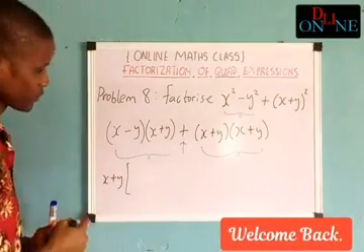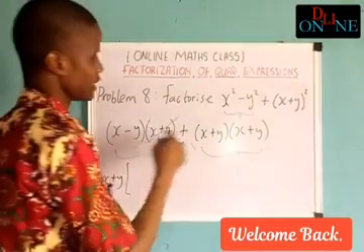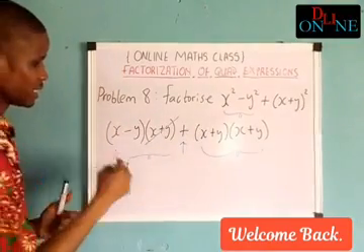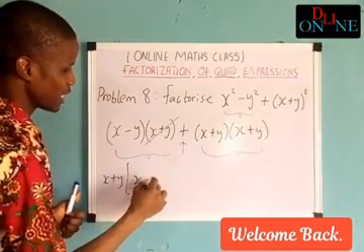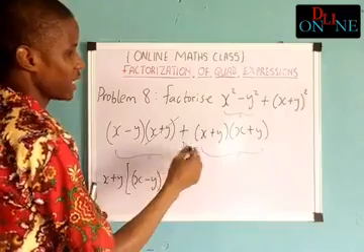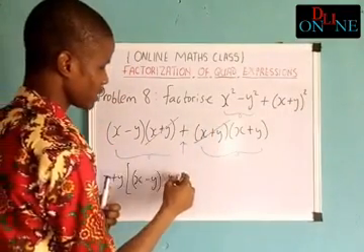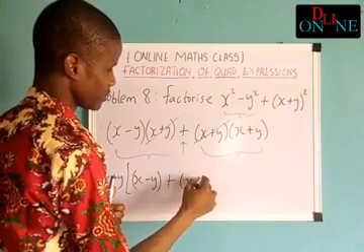We have a big bracket, and x plus y cancels out x plus y here, leaving us with what? x minus y. And we have our plus sign. Then when we come over here, x plus y cancels out one of the x plus y, leaving us with the other what? x plus y.